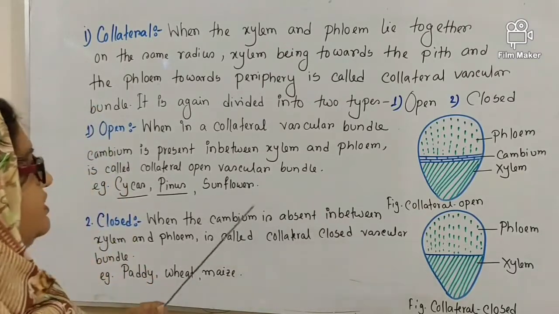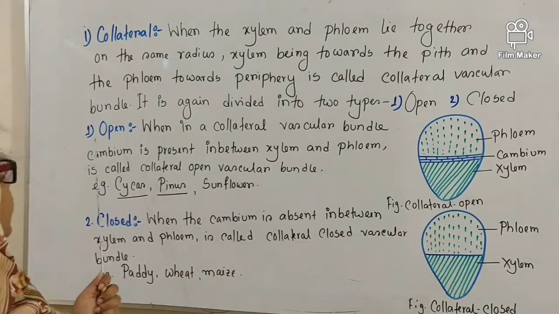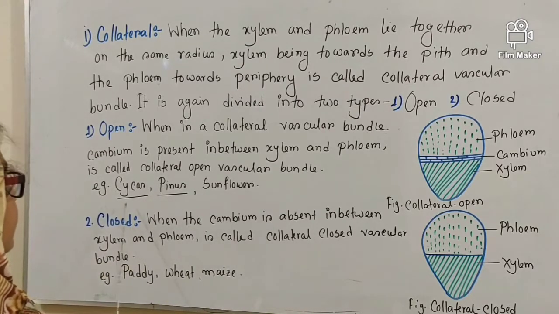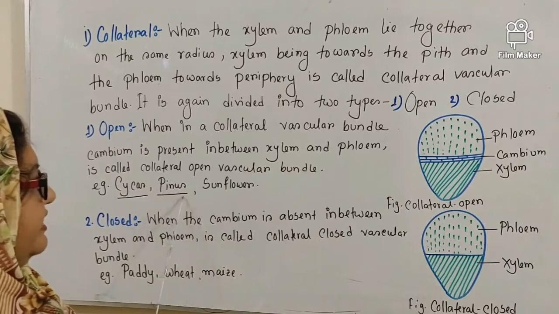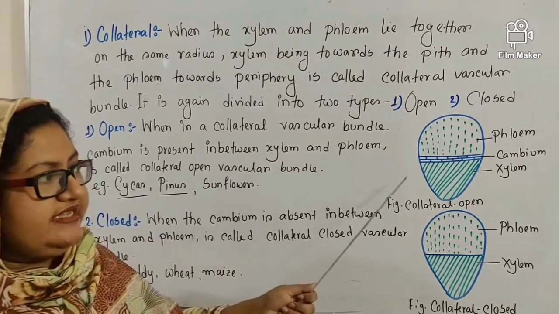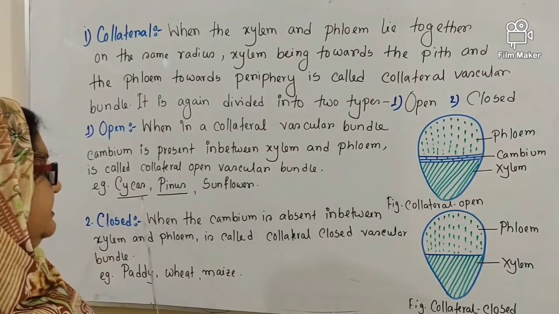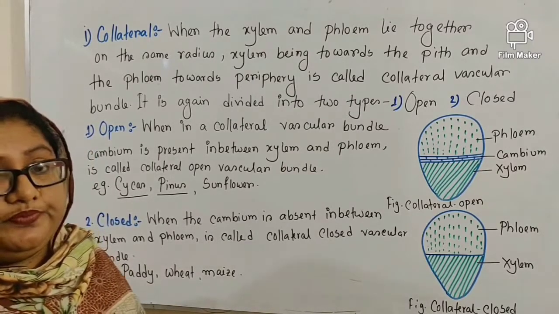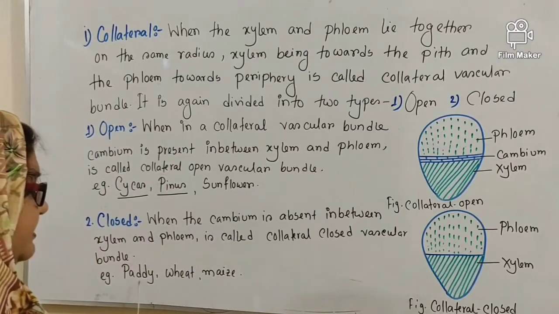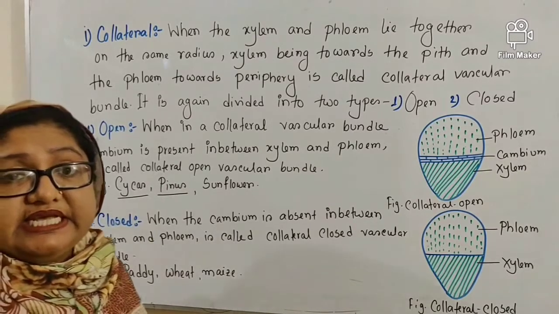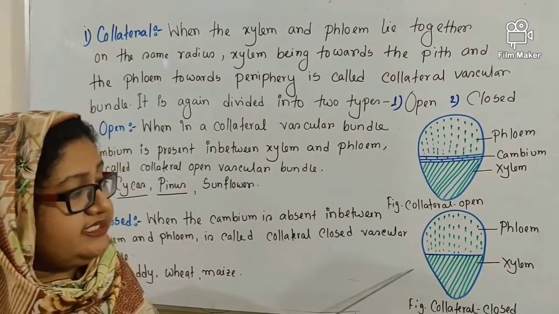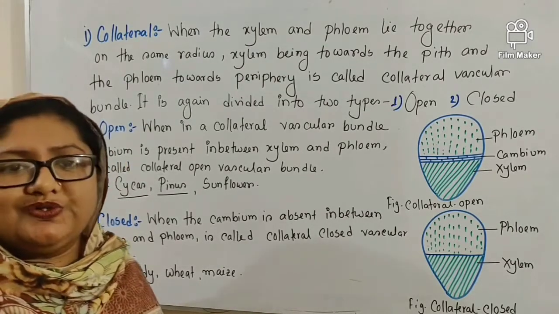Now the examples: in case of open collateral vascular bundle, this is Cycas, Pinus, sunflower. So these types of vascular bundle are present in these types of plants. Now the collateral closed: in case of paddy, wheat, maize, in these types of plants, the vascular bundle is of collateral closed type.